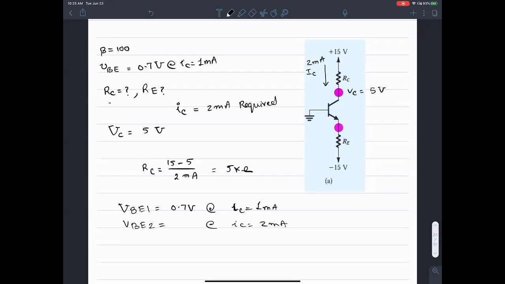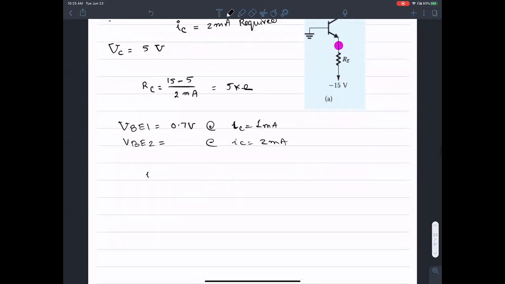Well, what we can do is use this idea here, IC equals IS exponential of VBE over VT. Okay, so that's the idea we have. And what I want to do is find IS. So let me call this IC1, which corresponds to VBE1.